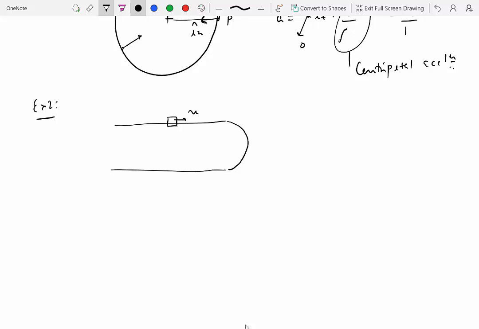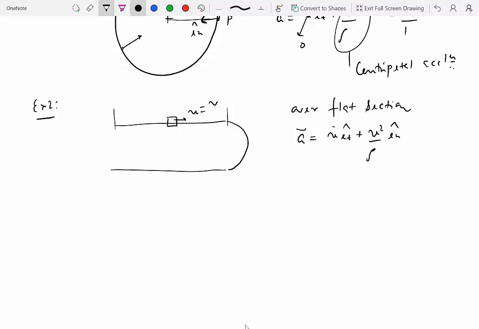First of all, what's its acceleration when it is moving over the flat section? You can still employ the tangent normal system. The tangent normal system is applicable for a curved path, but it's also applicable for a straight line path. So acceleration is equal to v dot e_t hat plus v squared over rho e_n hat.